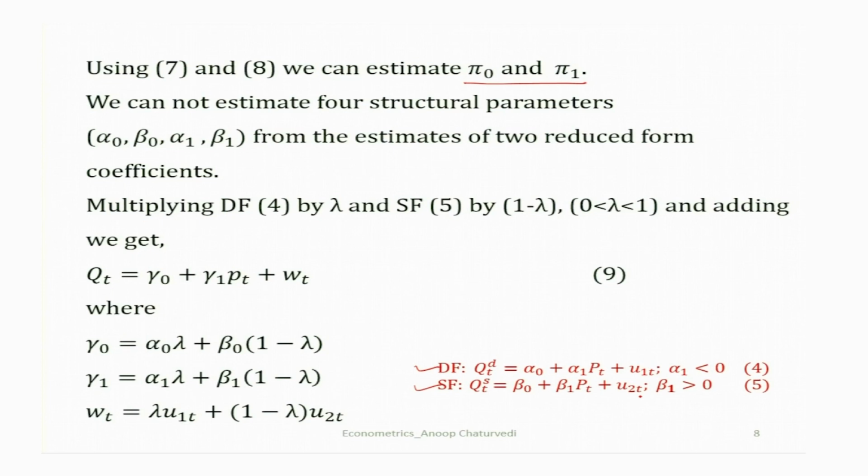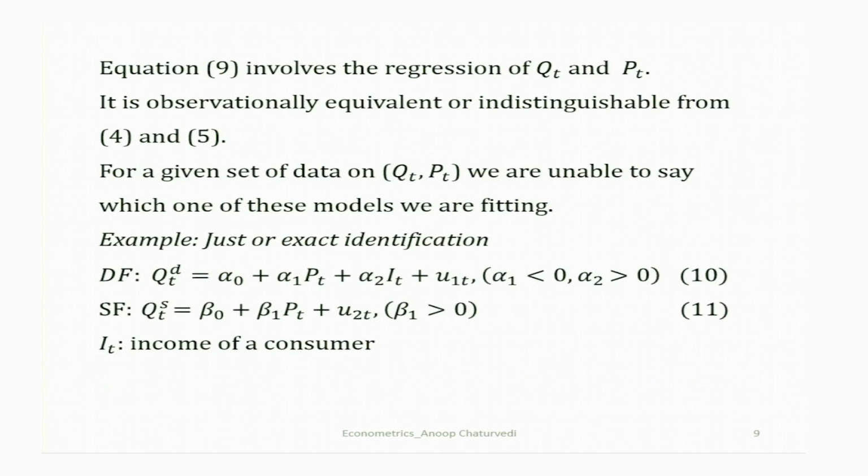Now, if you look at the equations 4 and 5 and equation 9, then all the three equations look alike. Equation 9 also involves the regression of q t on p t. Demand function and supply function also involve the regression of q t on p t.